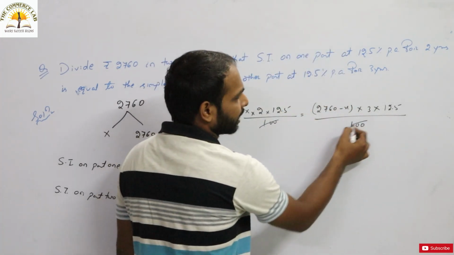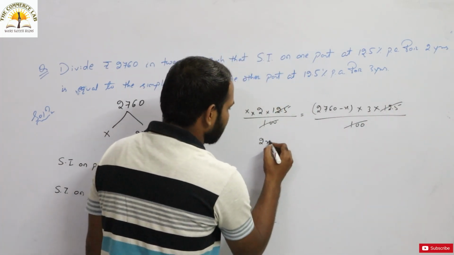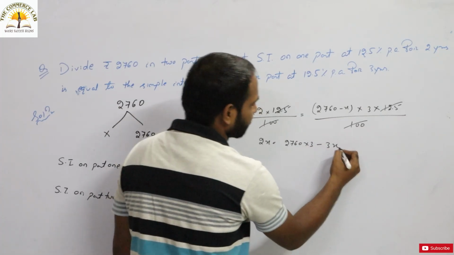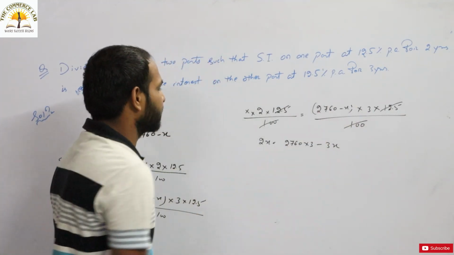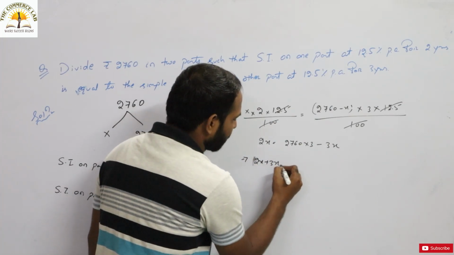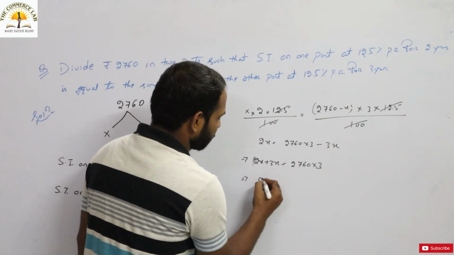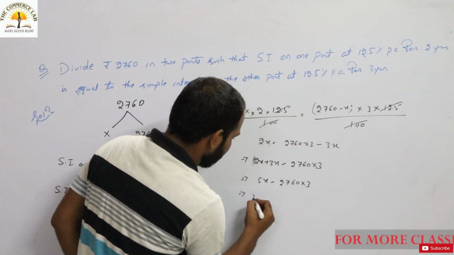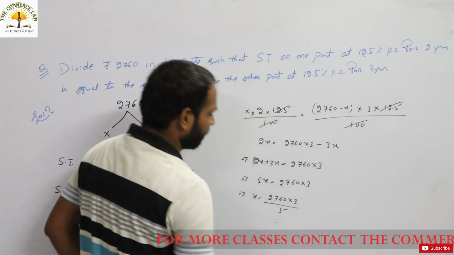So 100 gets cancelled, 12.5 gets cancelled. 2x equals 2760 multiplied by 3 minus 3x. This implies 2x plus 3x is equal to 2760 multiplied by 3. It becomes 5x. This implies x equals 2760 multiplied by 3 divided by 5.